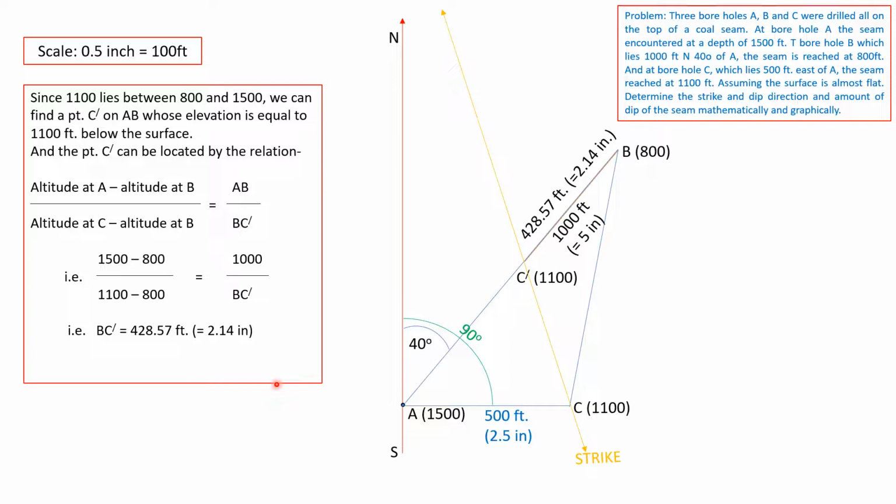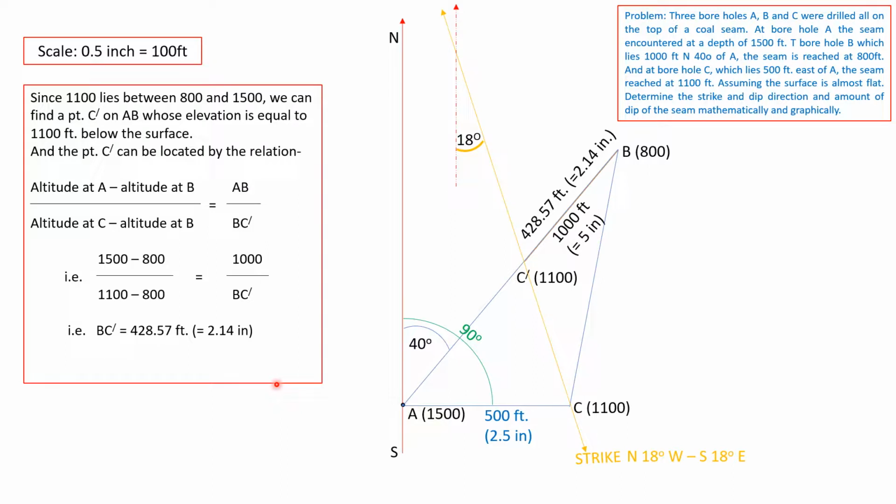Here, let us draw a north-south line intersecting the strike CC dash and measure the angle formed. It is found to be 18 degrees. Thus, the strike of the coal seam is north 18 degrees west to south 18 degrees east.